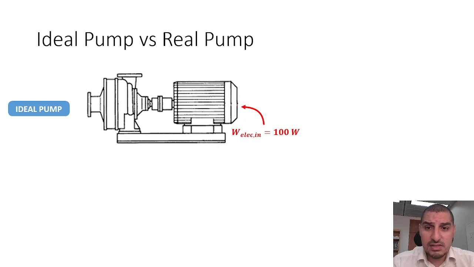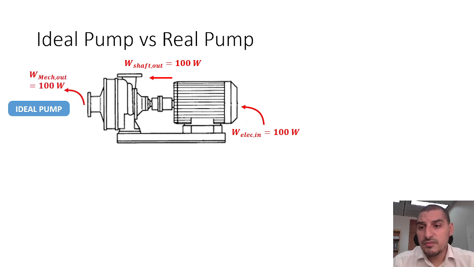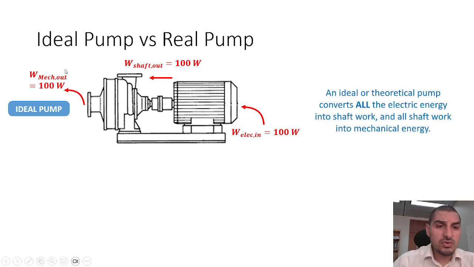Ideally, this is what we say, this is the ideal case, that all the 100 watts are going to be converted into shaft work. And this shaft work that's going into the impeller, all the shaft work will be converted into mechanical work. So we have 100 watts going here, coming out here as 100. This is going into the impeller, coming out as 100 watts. So we consider in the theoretical pump that all the electric energy will eventually convert into mechanical work.